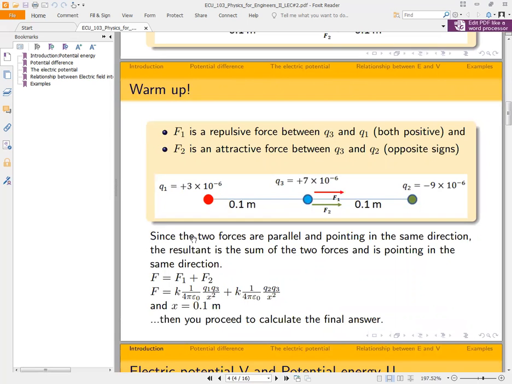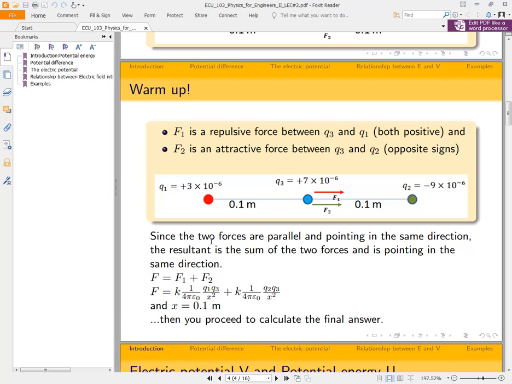So in this solution here, we have said that since the two forces are parallel and pointing in the same direction, those are two important things: parallel and pointing in the same direction, the resultant is the sum of the two forces and is pointing in the same direction. So when you have two forces pointing in the same direction, the resultant must point in that particular direction.